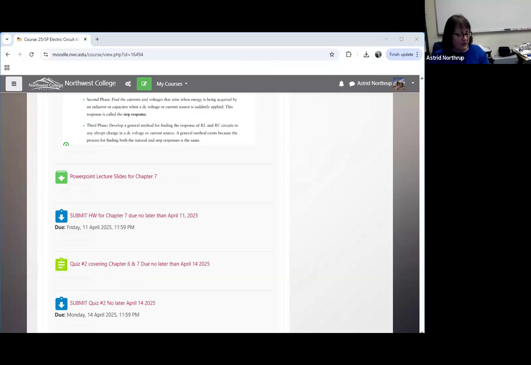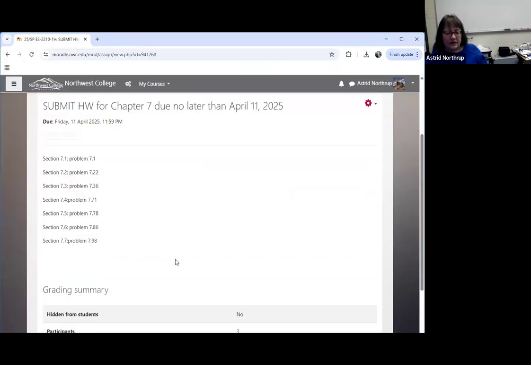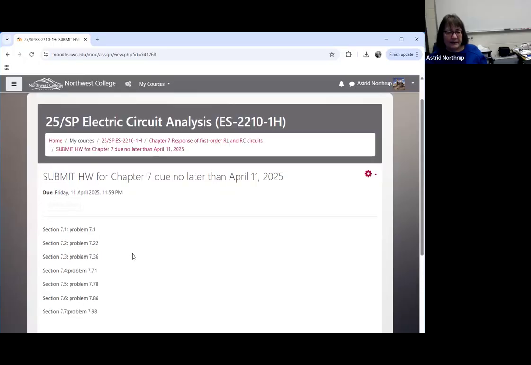There are 5 sets of PowerPoints, which are not organized exactly the way the chapter is organized, but all the material is complete in all 5 of the PowerPoint lectures. The next thing you'll see is I have put up the homework assignments, just one problem from each section. They tend to be quite lengthy, especially toward the end. So please give yourself sufficient time to work on these. But they all build on these ideas of the natural response and the step response.